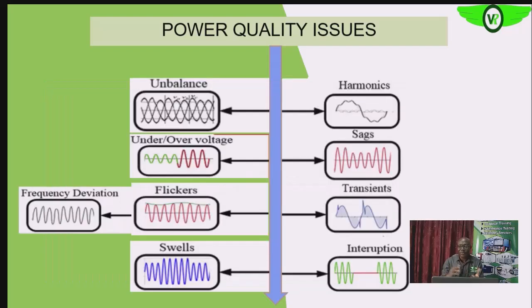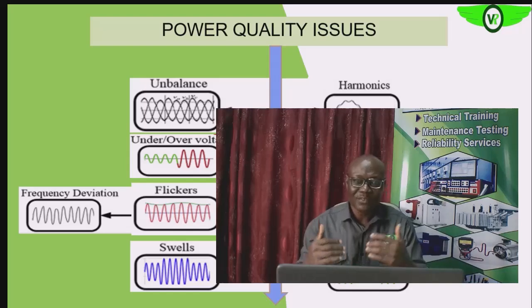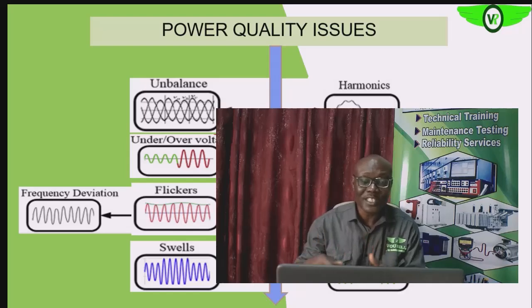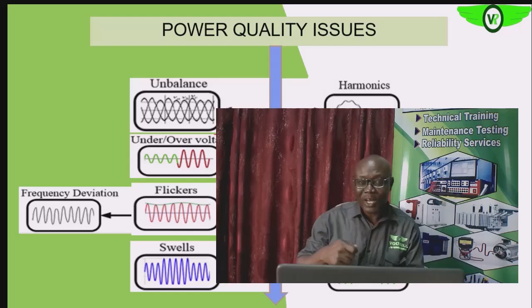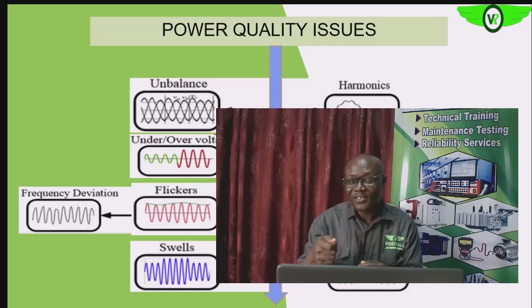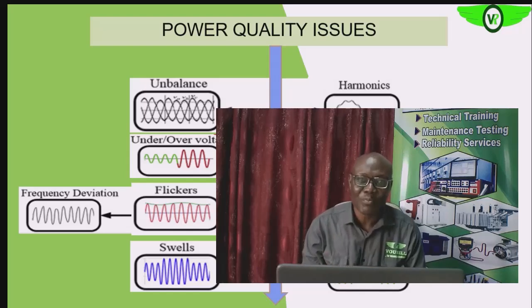Then variable frequencies. The frequency of the power supply affects the speed of the electric motor itself. So when the frequency is fluctuating, that will cause fluctuation in the speed of the electric motor, which will eventually cause fluctuation in the rotational speed of the driven equipment.